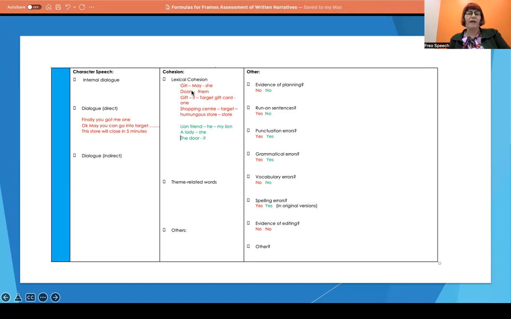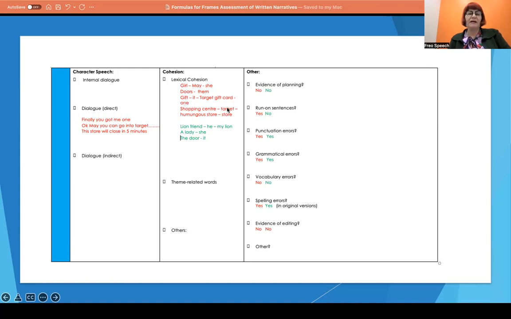Good lexical cohesion in the first, so she called the girl and she, doors and them, gift, it, target, gift card, one. So they were all terms she used for the gift card.